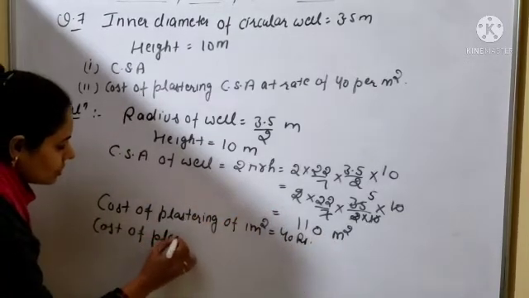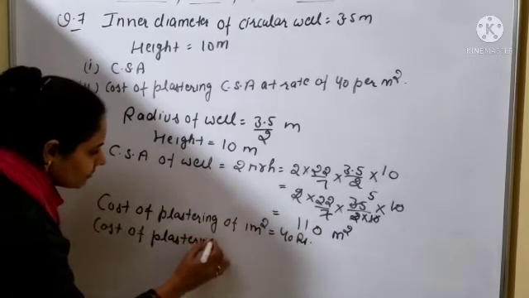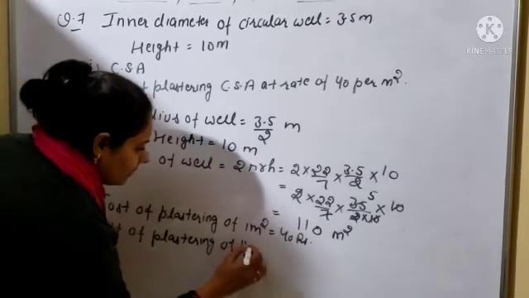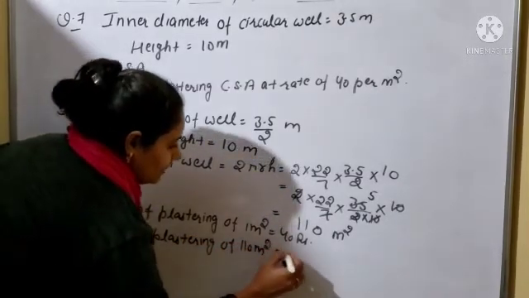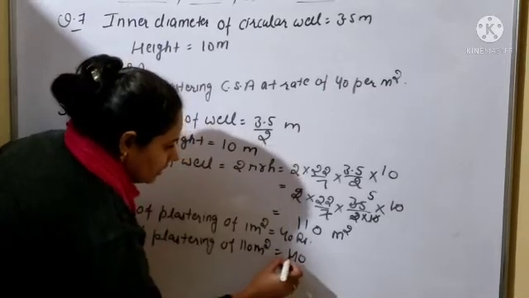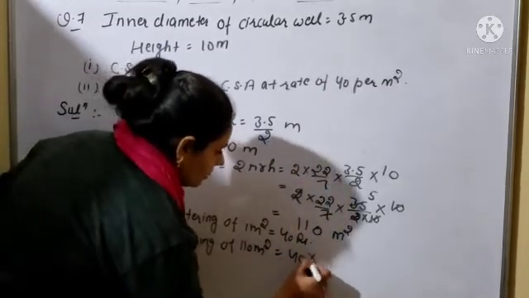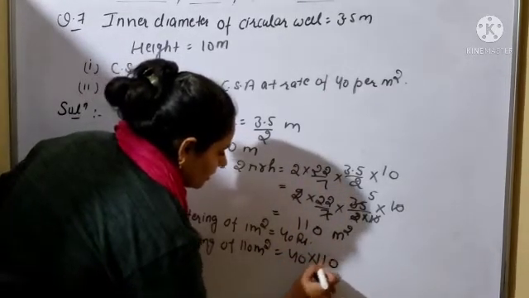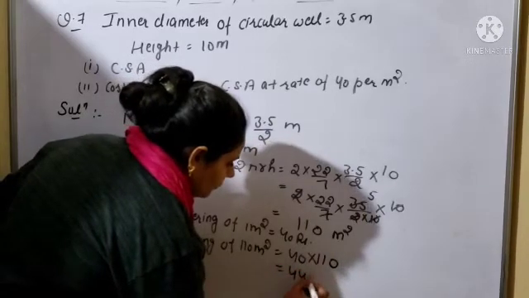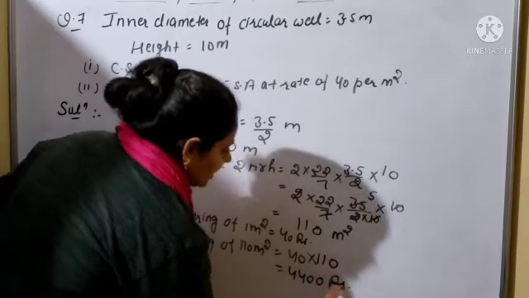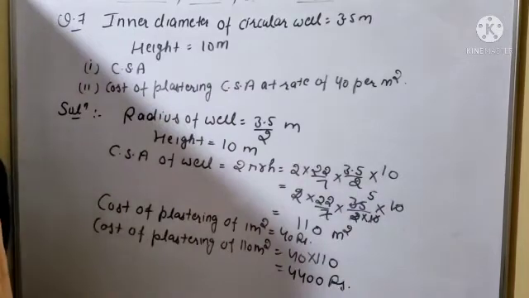Okay, so cost of plastering of 110 meter square will be 40 into 110. Okay, so it will be 4400 rupees. Clear all of you? It will be 4400 rupees. So this was your question number 7.